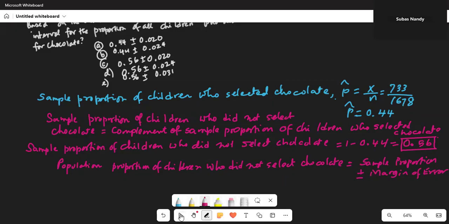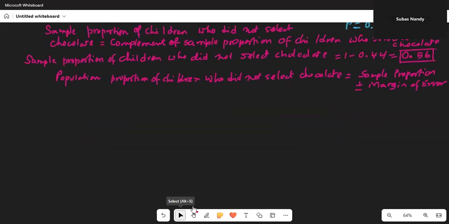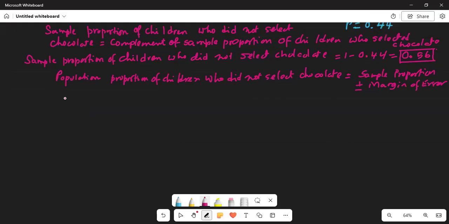Okay, so the question is how to find the margin of error. The margin of error E is equal to the critical value of Z times the standard error.